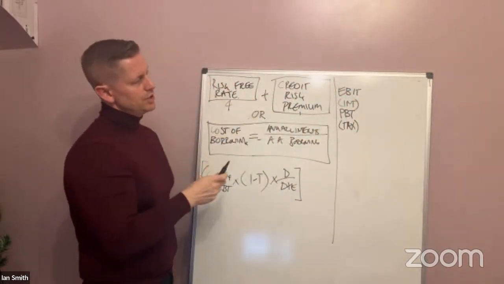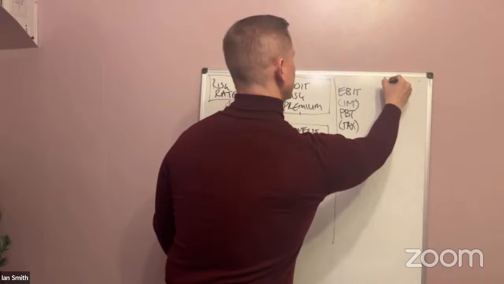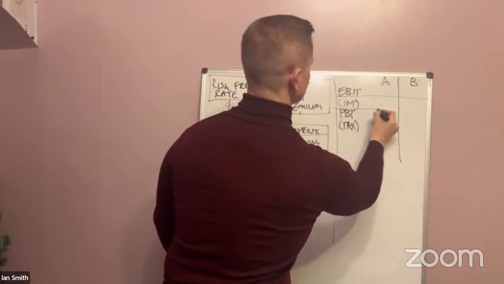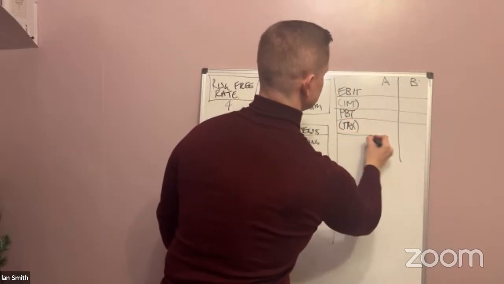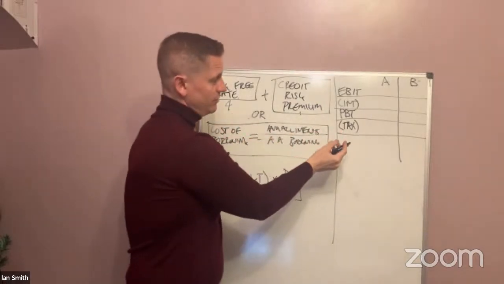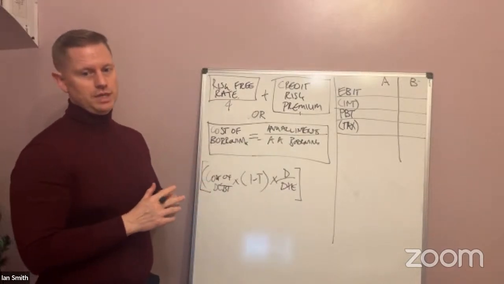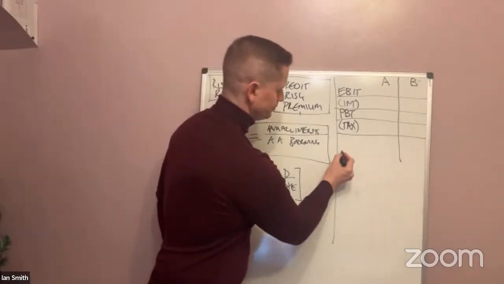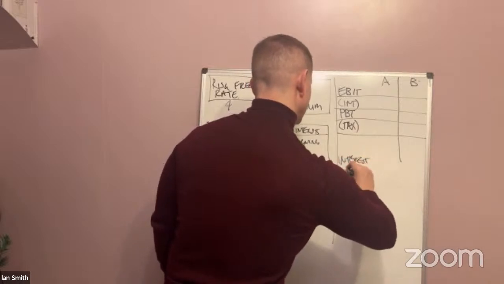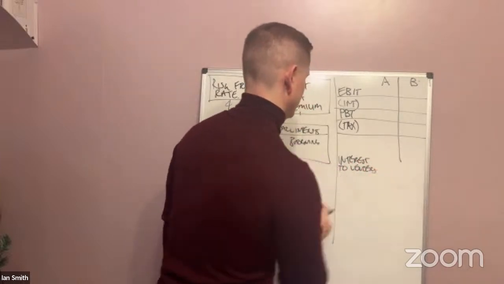Okay, and so you can see that if both companies are identical, company A, company B, once they've paid tax, we've got profit after tax, but also the interest on debt to the debt holders that's going to be paid. So we'll put interest to lenders.